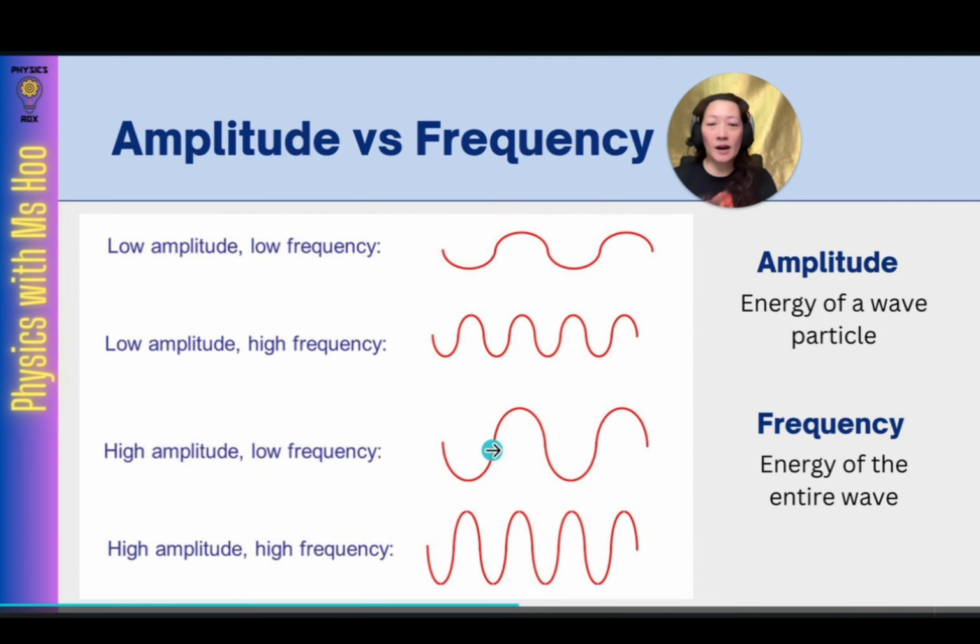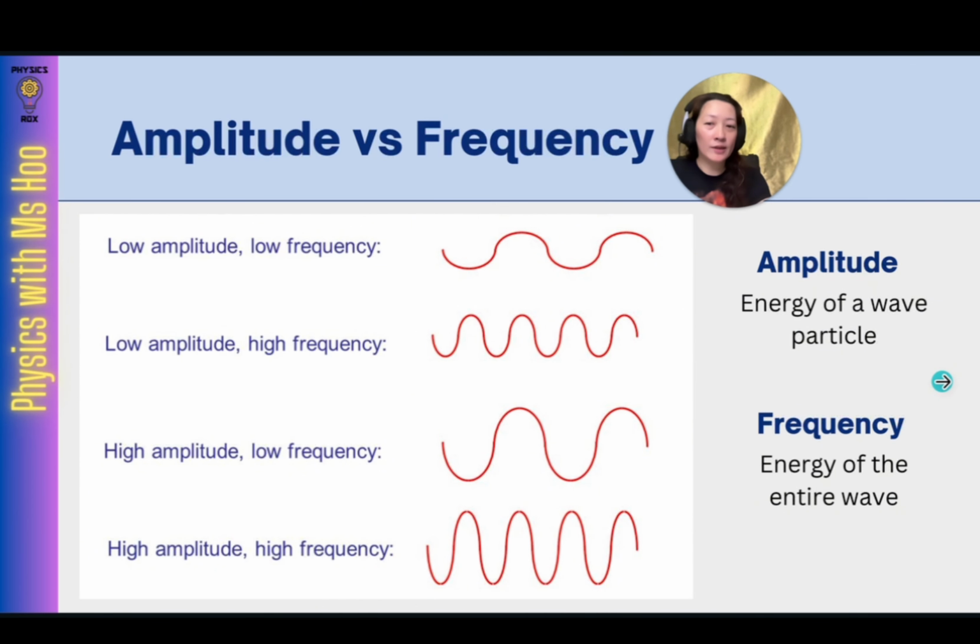So you can see how when the amplitude is much higher compared to this other wave, this means there's more energy. How come frequency is related to the energy of the entire wave? Well, if you compare these two waves, for example, for higher frequency waves, in the same amount of time, there are more waves compared to the lower frequency. The overall energy contained within that period of time obviously is much higher than those with lower frequencies.